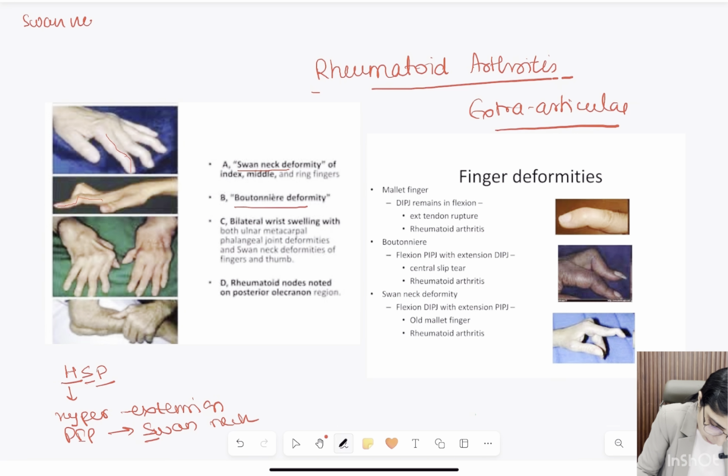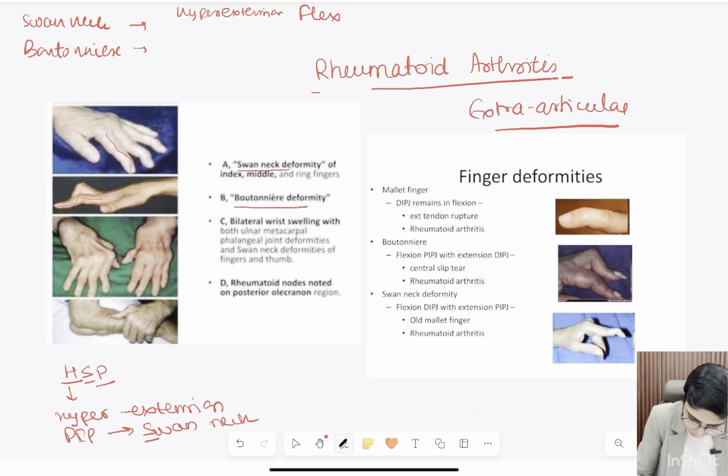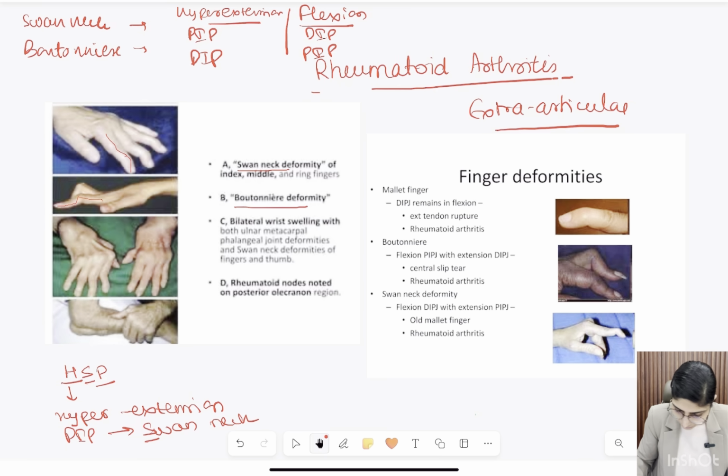So if you really want to remember this, I'll tell you. Swan neck and boutonniere, hyperextension and flexion, PIP and DIP. Now we will remember only one thing: H, S, P. Hyperextension of PIP joint will be there in swan neck.